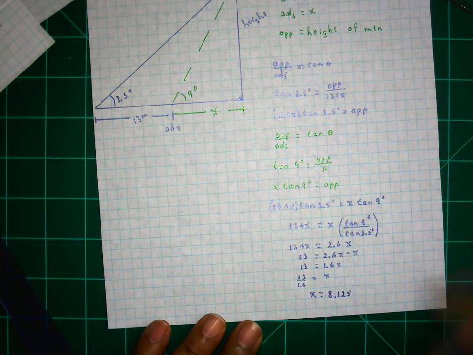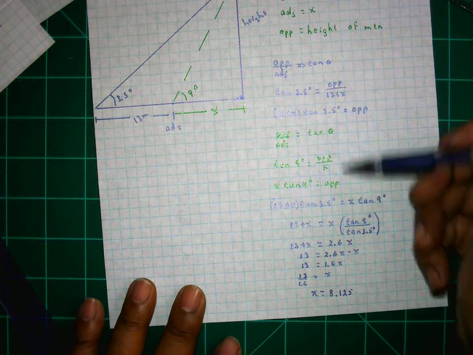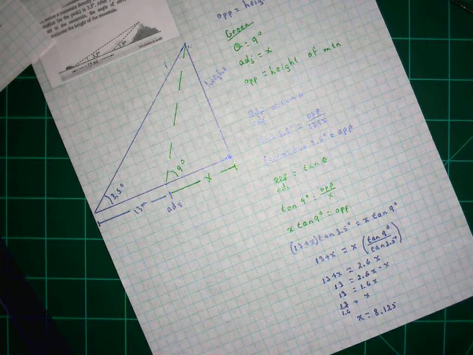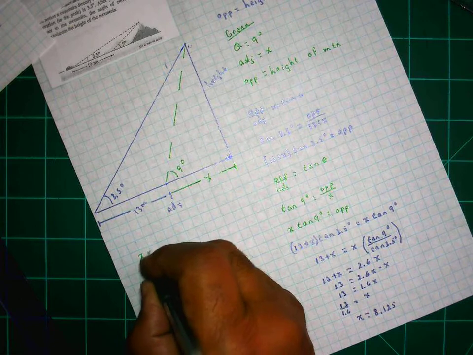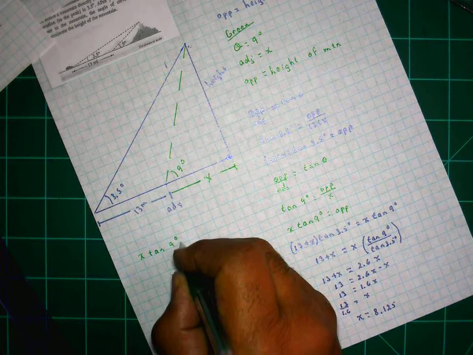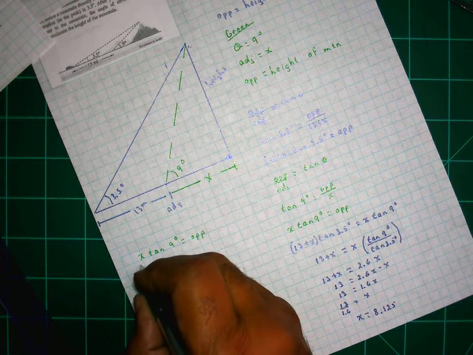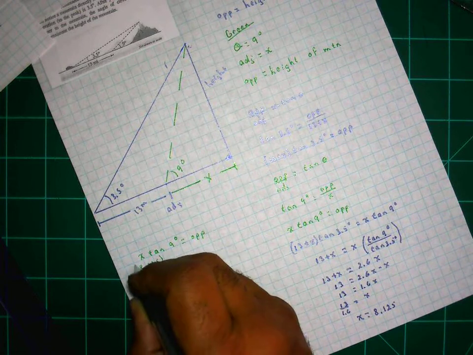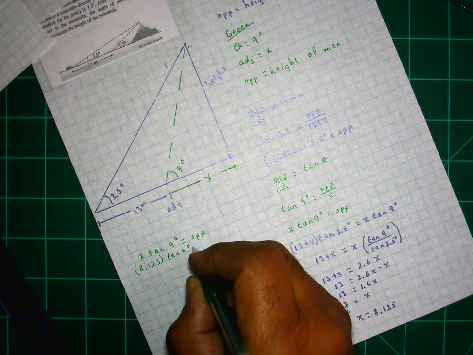Now I need the opposite side, so I'm going to have to come back to one of these two equations, either this one or that one, and plug in that value of x. So let's use this one here. So x times the tangent of 9 degrees equals the opposite side, the height of the mountain. x is 8.125 times the tangent of 9 degrees.